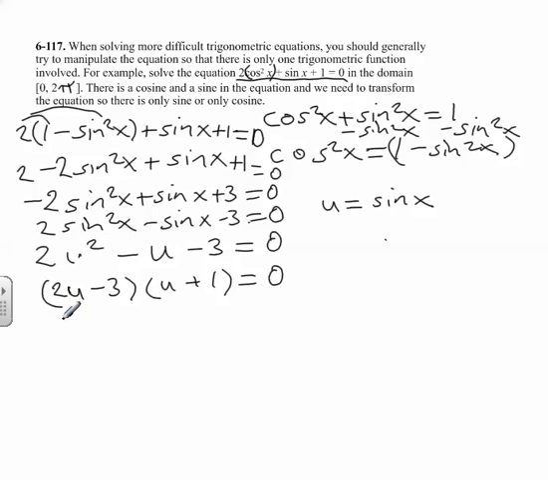Now with the zero product property, we've got u is 3/2, or u is equal to -1.